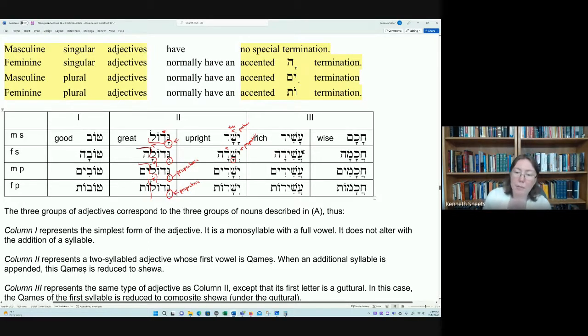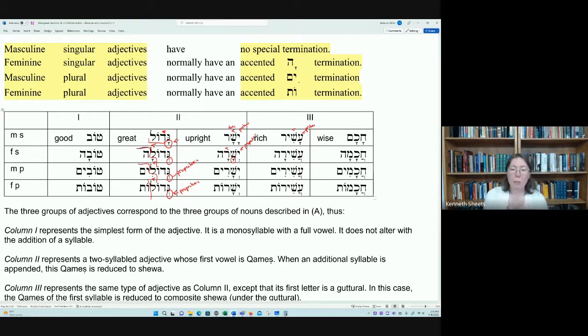So thus, we have this word, ashir. Well, ashir, that idea of rich, the accent is over the shin, so no problem, which means, as we see, the ayin is pretone.